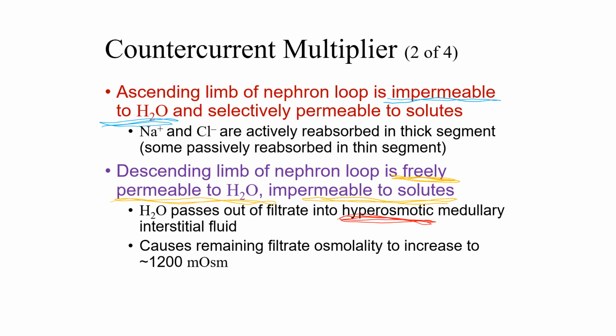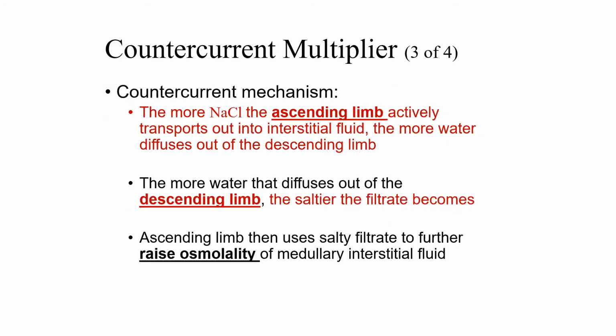This means the filtrate osmolality is going to increase. It is no longer going to be isotonic to blood. So the more sodium chloride the ascending limb transports out into the kidney fluid, remember, out, out, out, the more water diffuses out of the descending limb.